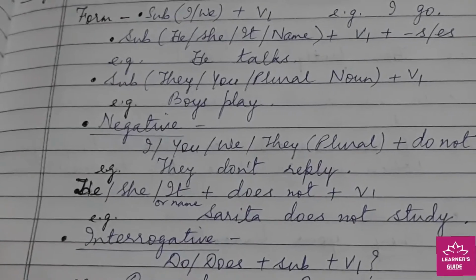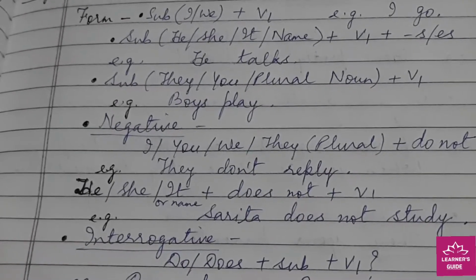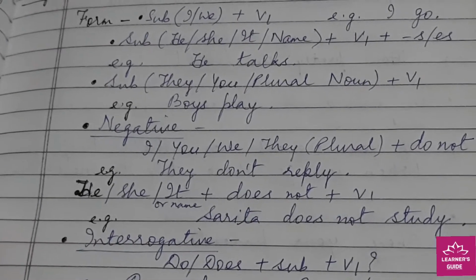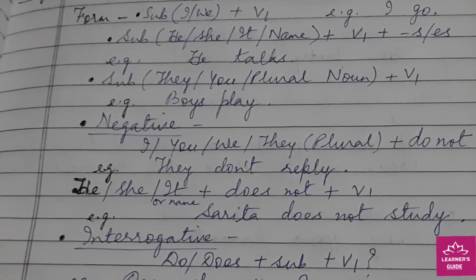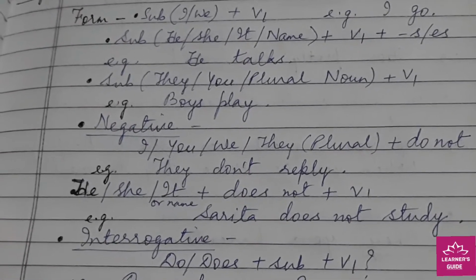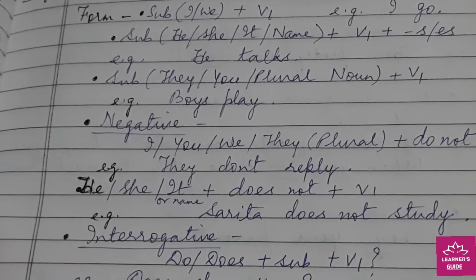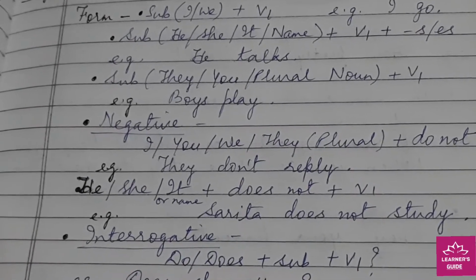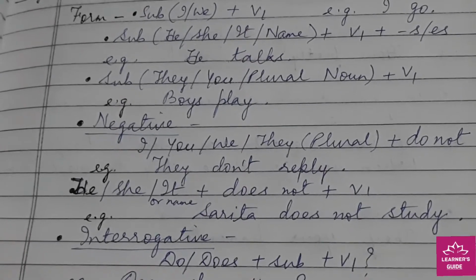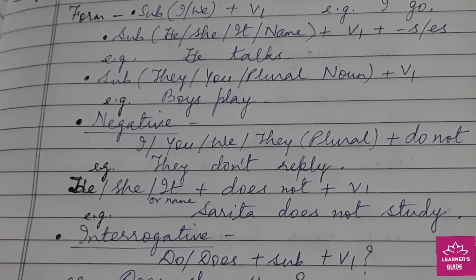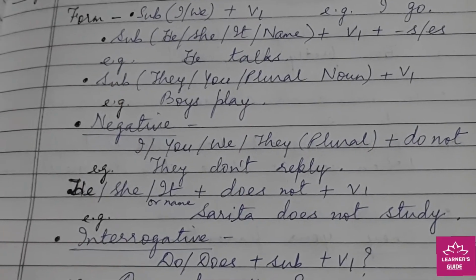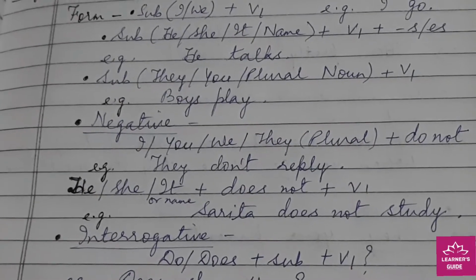Like the first example, we have taken I go. So if here we will write go for the third person he, then it should be goes, goes. He goes. But in this next example, you can see he talks or she talks. So talk is the first form of the verb talk, and we add only s with talk, it becomes talks.